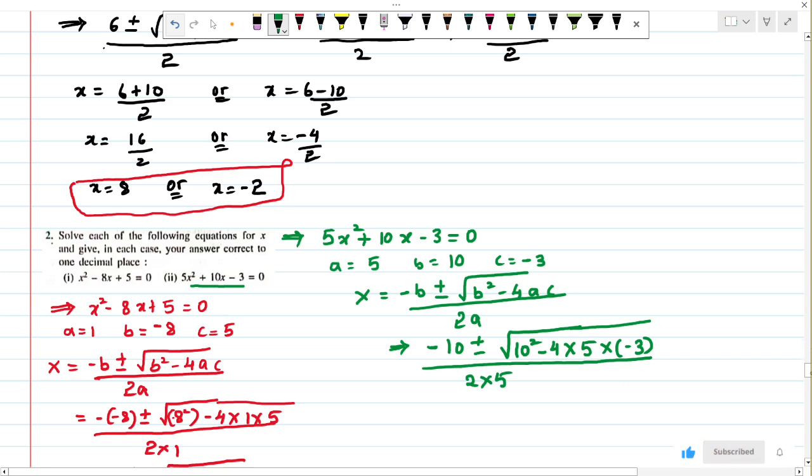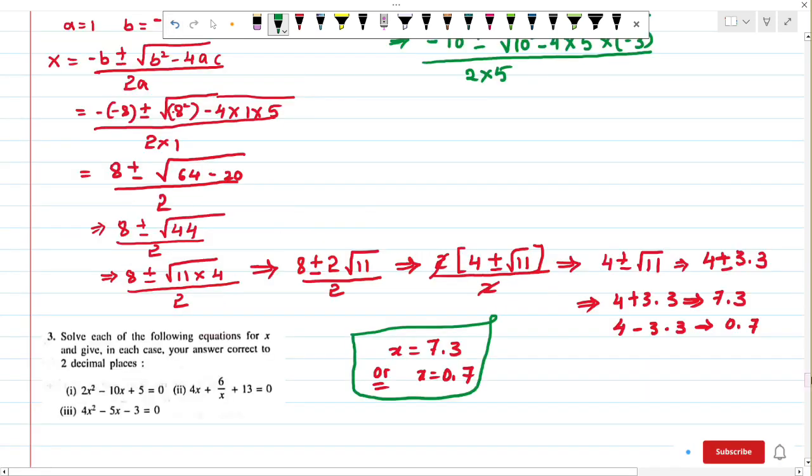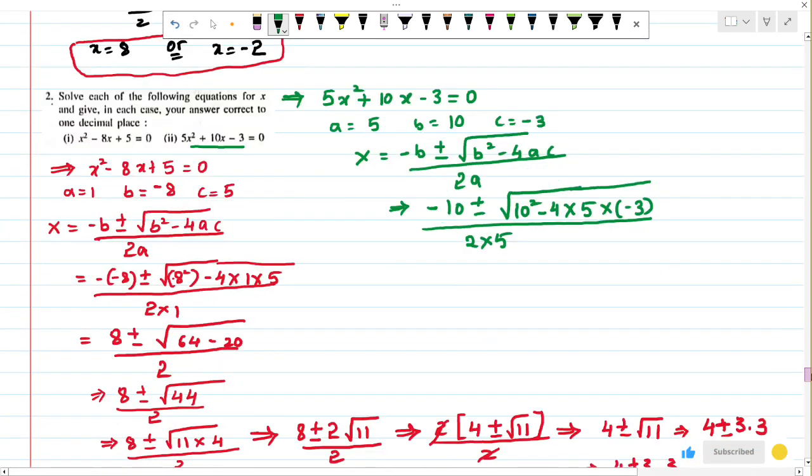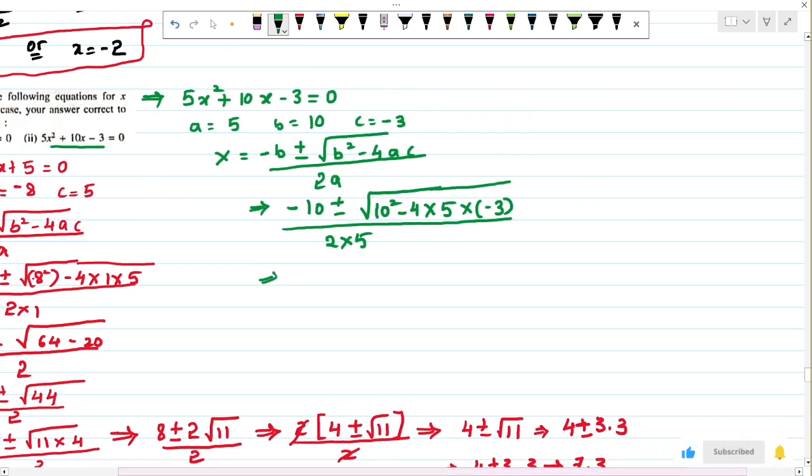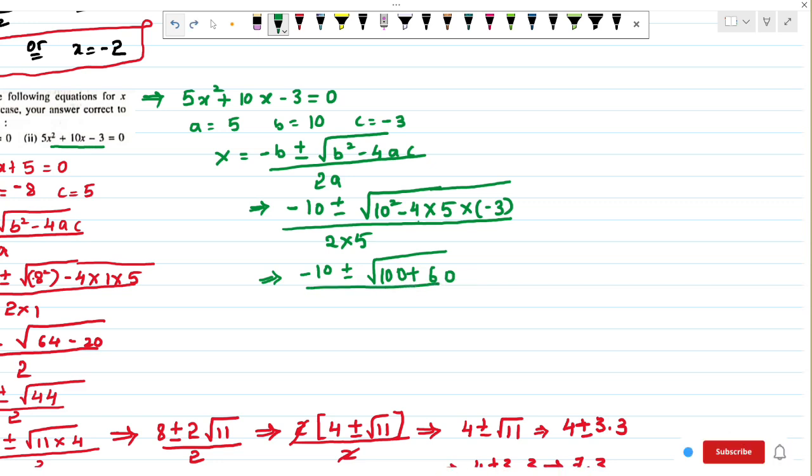So after writing this, I'll simplify the terms, which is equals to minus 10 plus or minus root of 10 square is nothing but 100, and this minus of minus is plus, 5 4s are 20, 20 3s are 60, divided by 10.